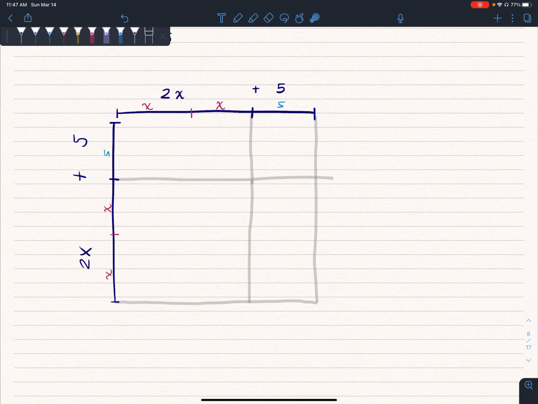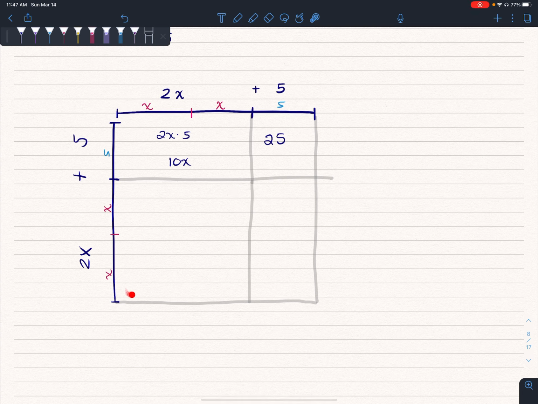So you can give each of these areas, you can do that multiplication. So here we have 2x times 5 in this first box, and so 2x times 5, we get 10x. In this nice little perfect square, we have 5 times 5, and we get 25.